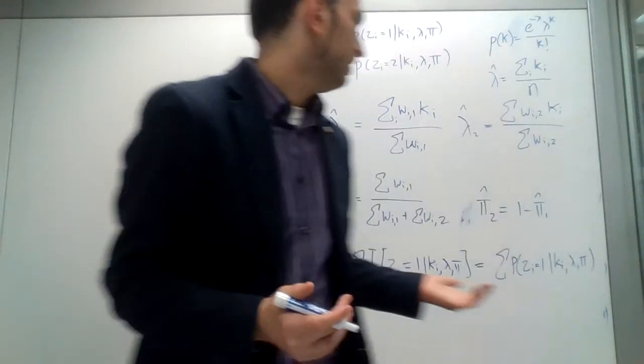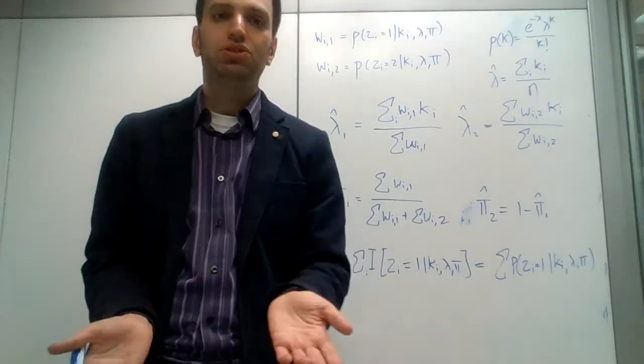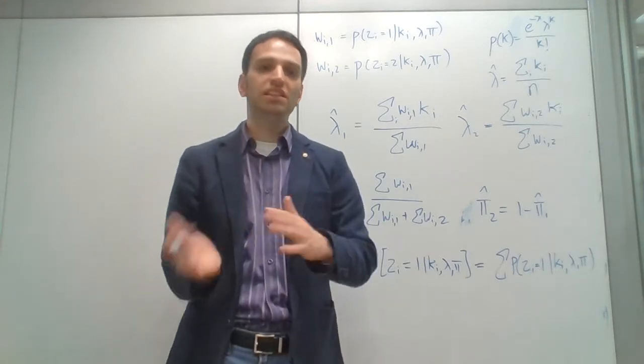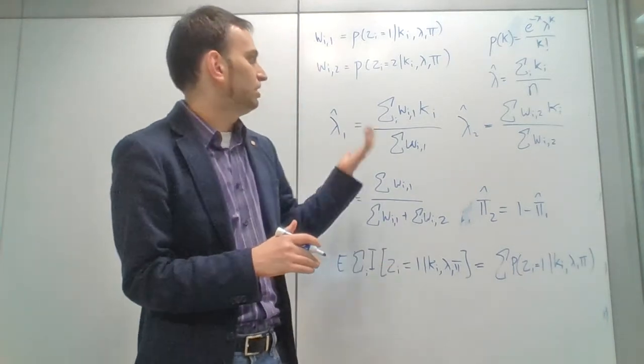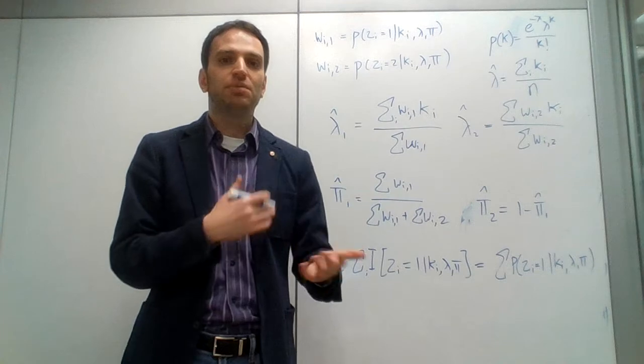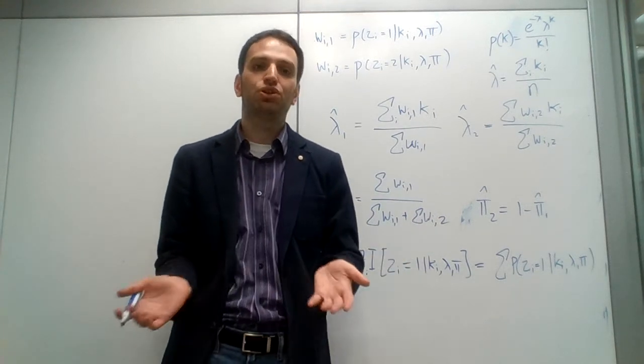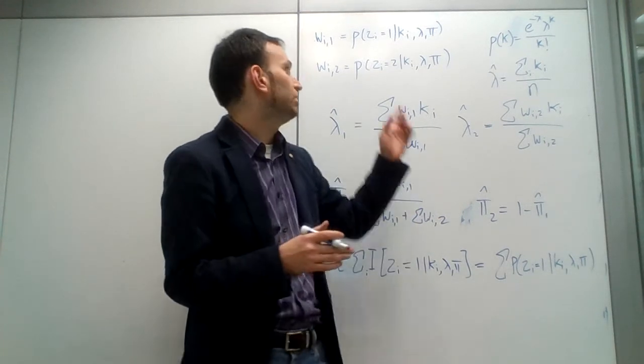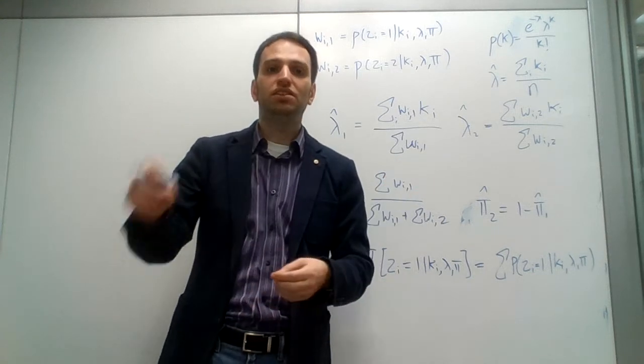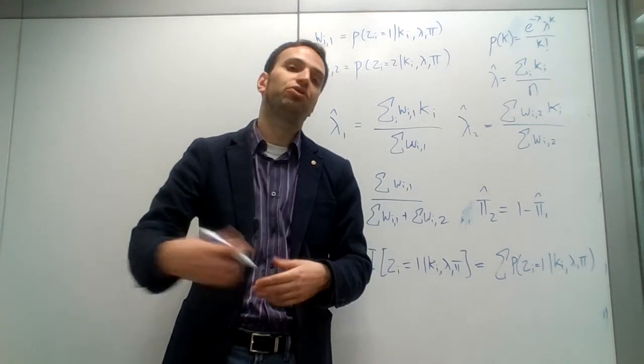So that is the M step, and what you would do is alternate between the E step and the M step until you converge in order to get the estimates for your pi's and your lambdas, and in order to possibly label each of the k's as belonging to either the first Poisson distribution or the second Poisson distribution.